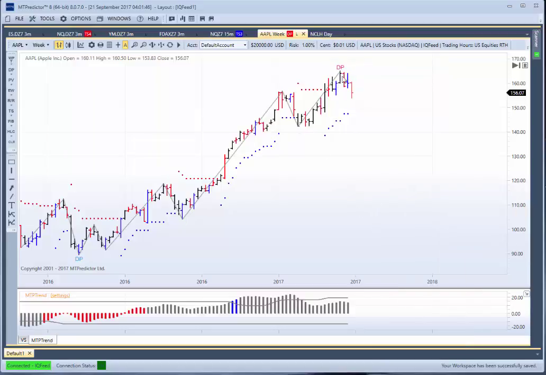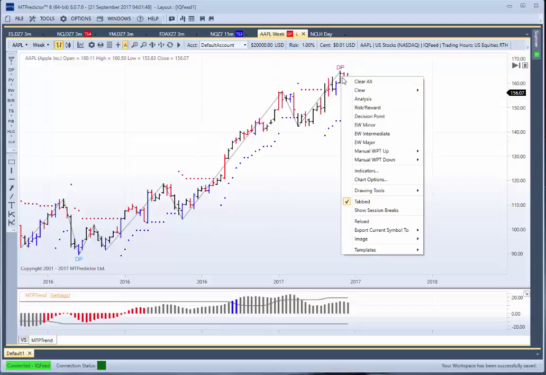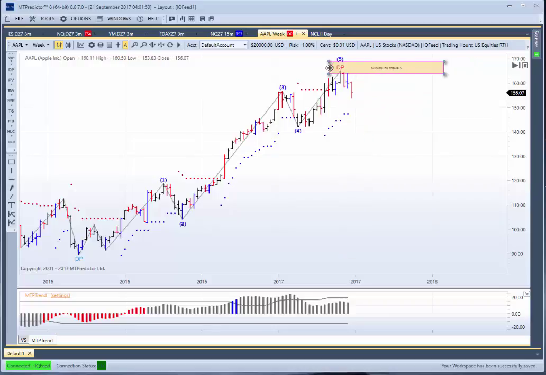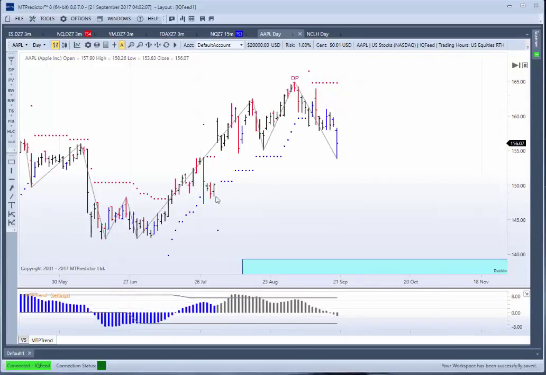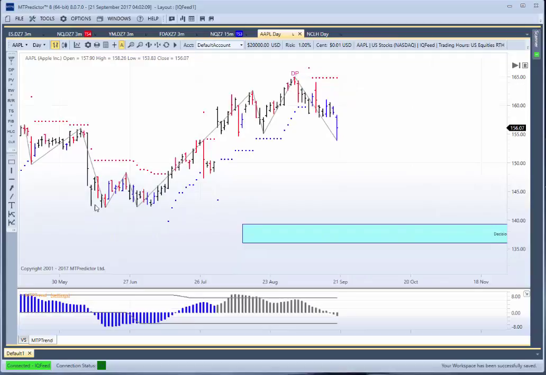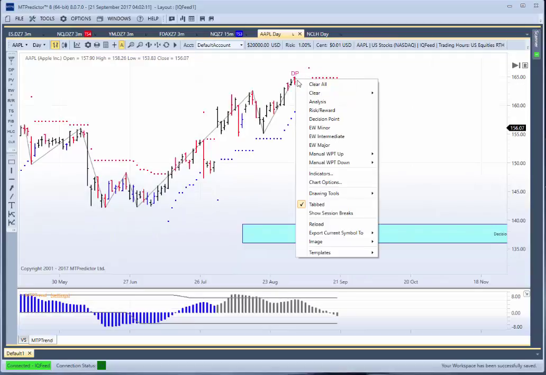Again, the weekly chart is also at a 5-wave sequence high, so right mouse click, Elliott wave intermediate, you can see this is also at a 5-wave sequence high. Just as I said on the daily chart, the initial target is the DP from the prior wave 4. So on the weekly basis, the initial target for Apple would be down around the 140 area. And if I go back to the daily chart, you can see this coincides with our DP we placed off the start of this daily sequence as well down here.